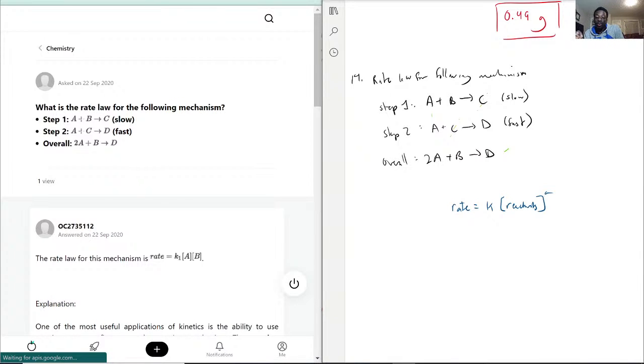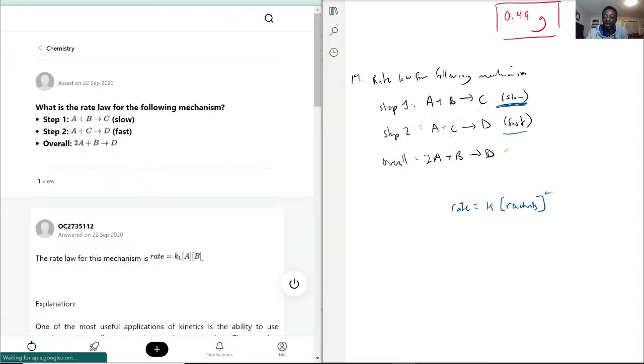Now, when they're kind enough to break it down to the actual step-by-step of how the reaction occurs, the rate law of the whole reaction is determined primarily by the slow reaction, because that is, in a sense, the limiting reaction. That's the reaction that's going to take the most time to complete.